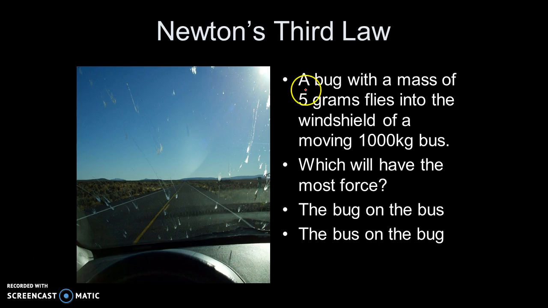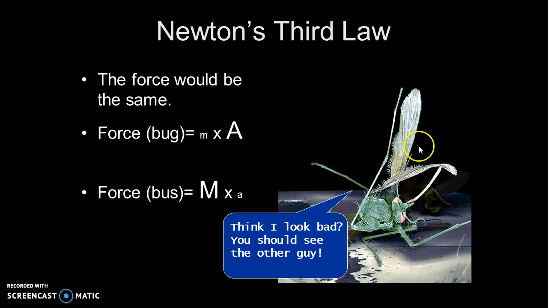If you recall, 5 grams is equivalent to approximately 0.005 kilograms. The difference in these masses is significant. What we're asking is which will have the most amount of force, the bug or the bus? Well, based on Newton's third law, the force will be the same.